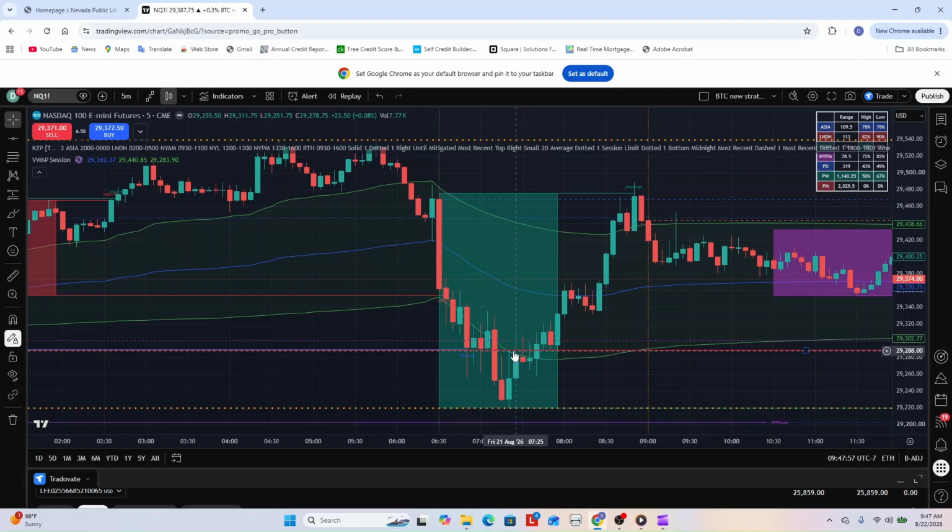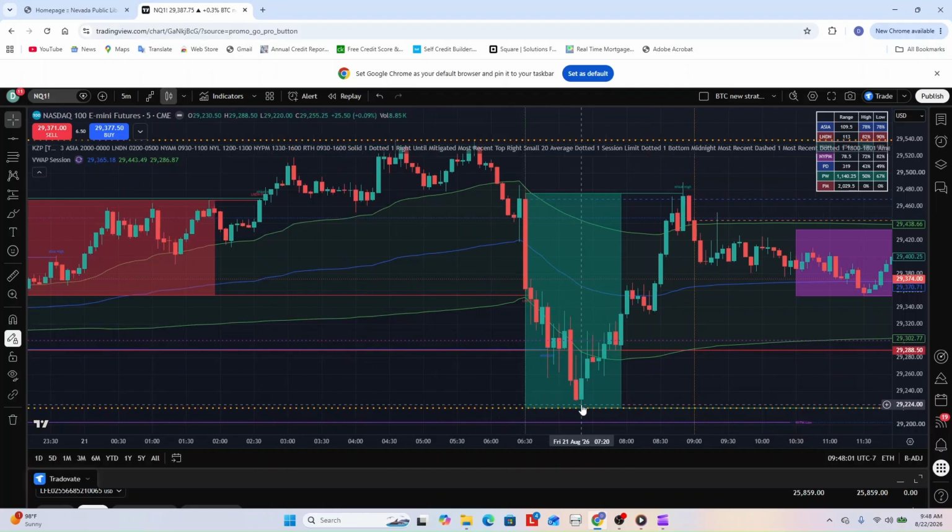And your stop would go below this candle here. And whatever your TP is, usually you'll try to go for like a 1-to-1 or a 1-to-2, whatever it is, your desired take profit amount. That's what you would do.